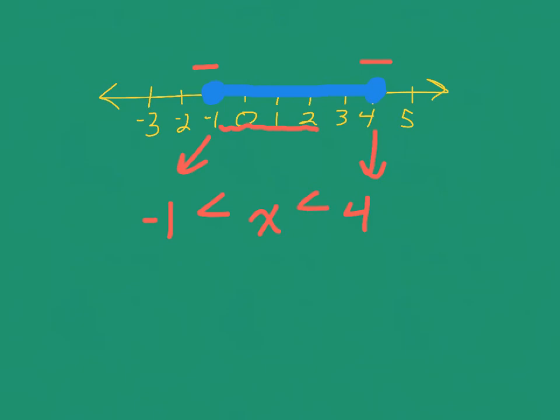What you will note is these two symbols here should look the same. They should be going in the same direction. Now we're not quite done here because our circles are actually filled in on both ends. We need to put equal signs into our symbols. So to describe this one, x is greater than or equal to -1, less than or equal to 4.